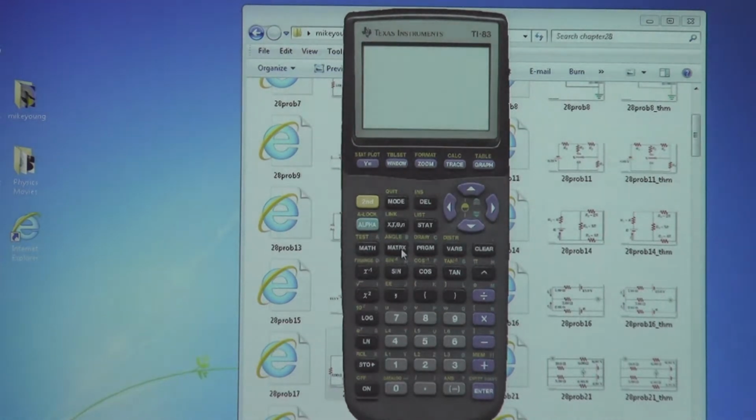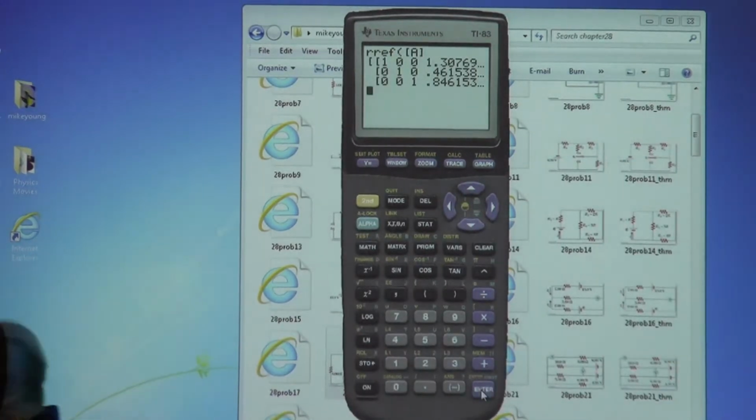Well, I want to scroll down till I get to the reduced row echelon form, and there it is, of matrix A. So I'll go to matrix A. And if I hit enter, it will go through all the math for me.